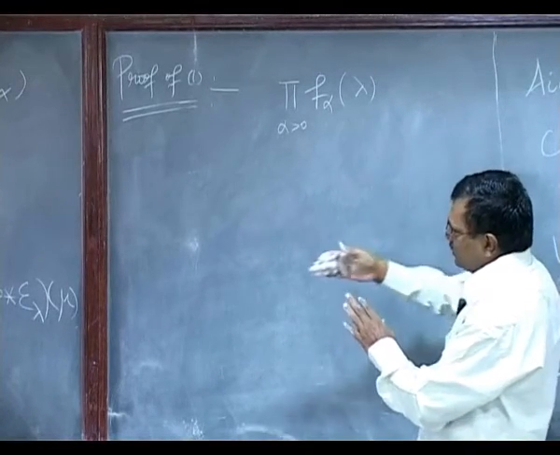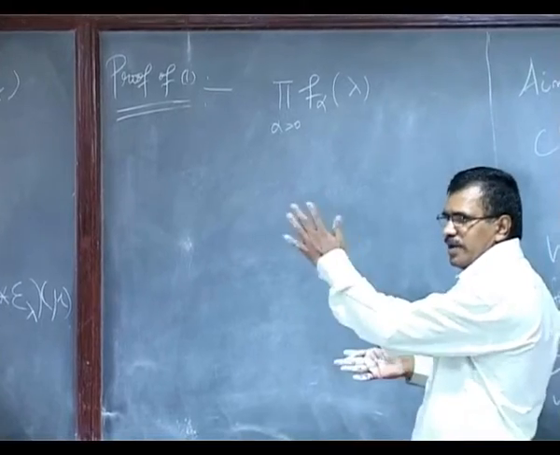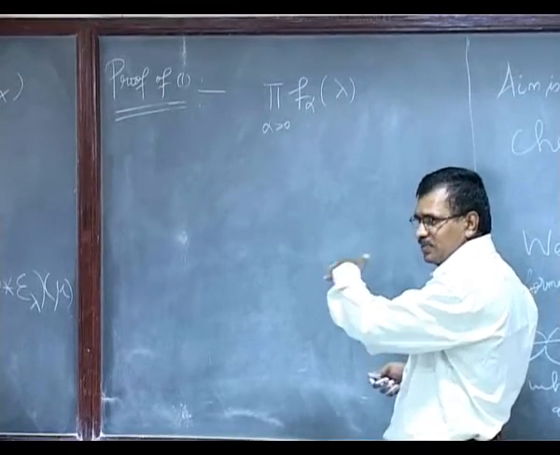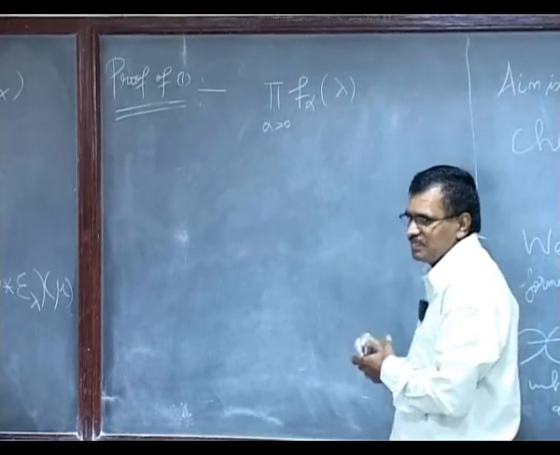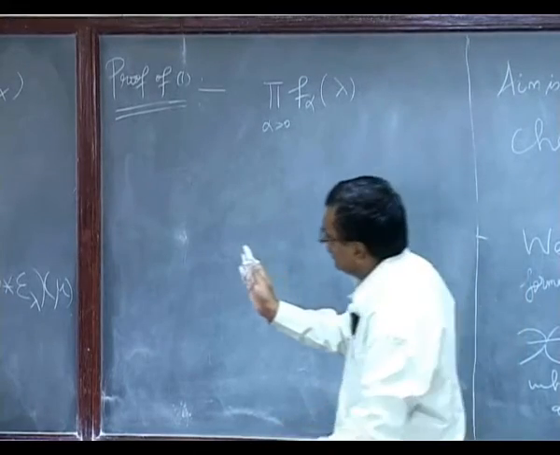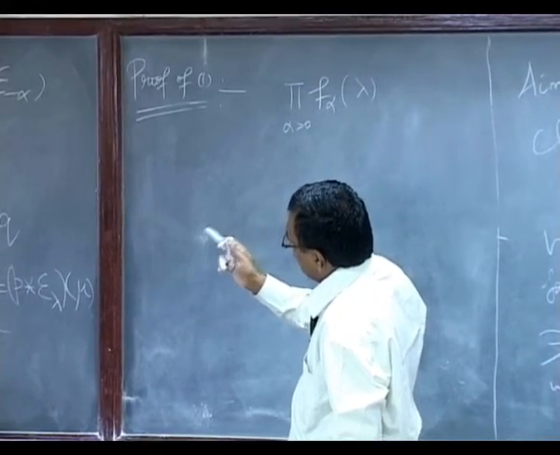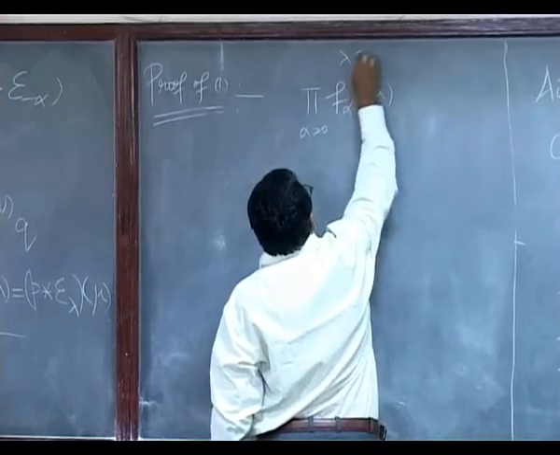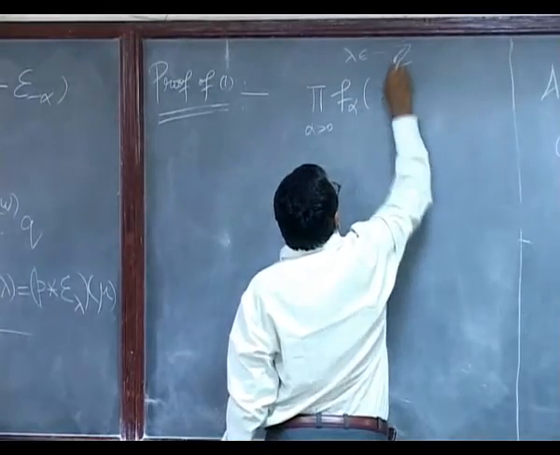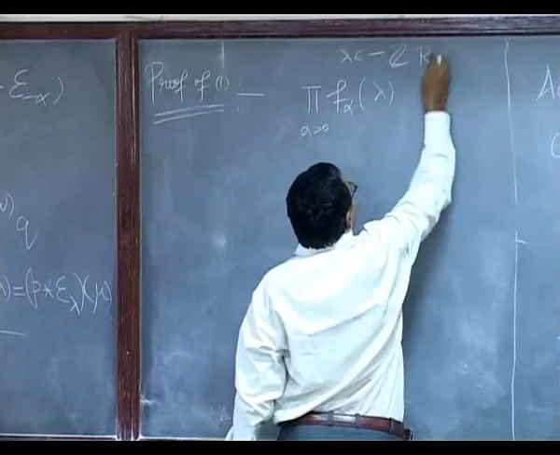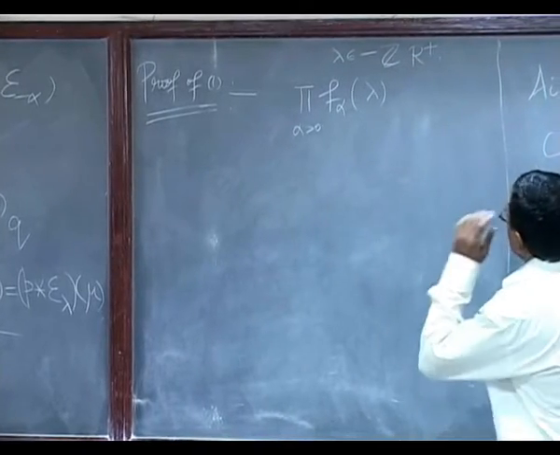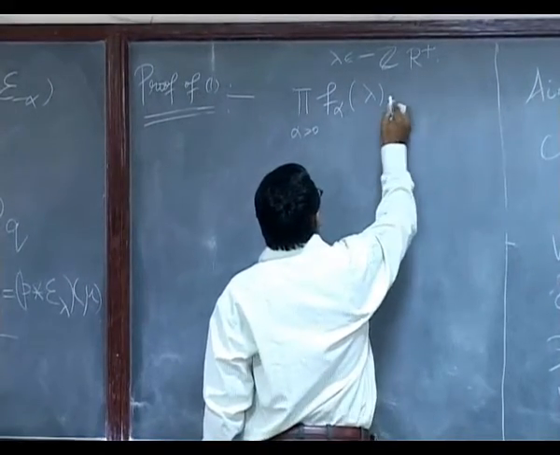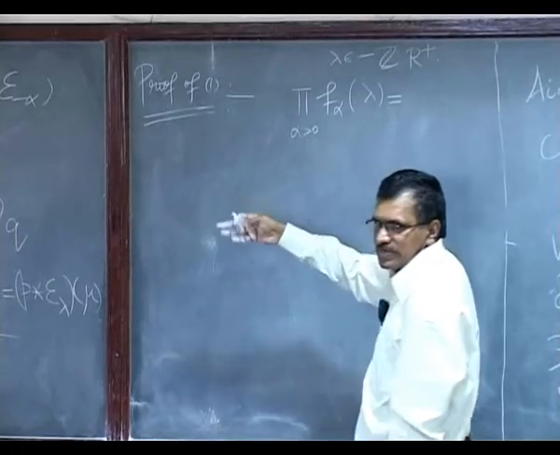If lambda is not in the negative part, that is, the coefficients of positive roots are not less than or equal to 0, if we cannot write it that way, then clearly it is 0, and that side also it is 0. So there is no problem. So I can assume very well that lambda is in minus Z positive roots. Then that follows more or less from the definition.